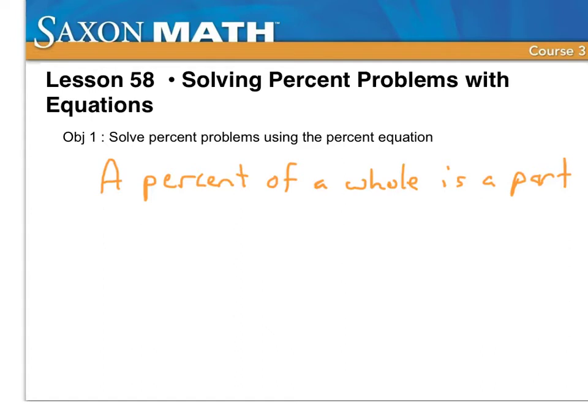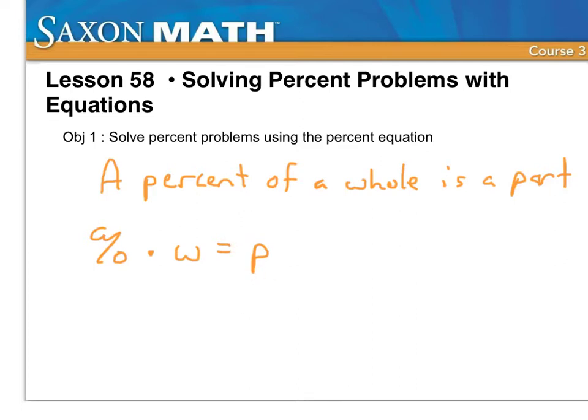Okay, so there are two different percent equations that I'm going to give you that you can use for this lesson. The first one is percent times the whole equals the part. Okay? And the reason this works is because a percent of means multiply, a whole, the word is means equals, a part.